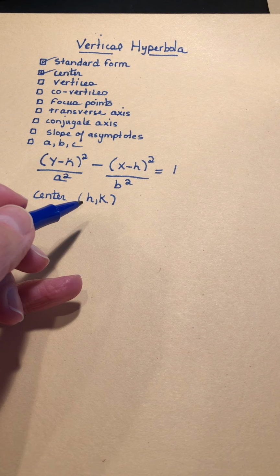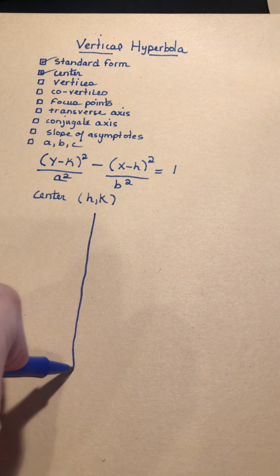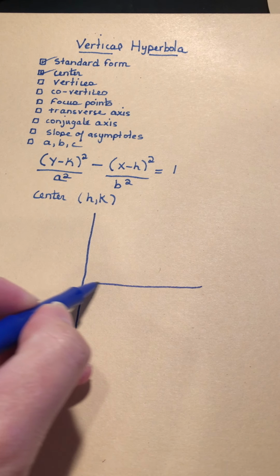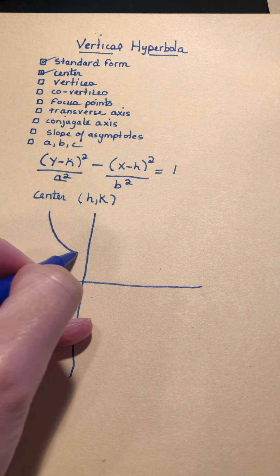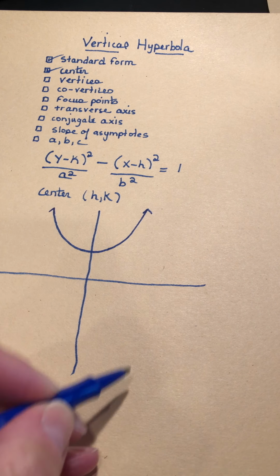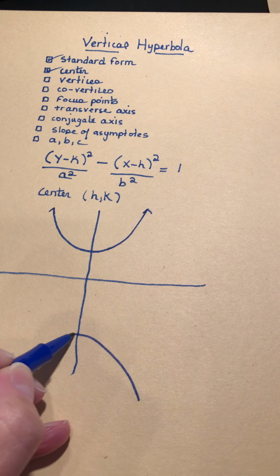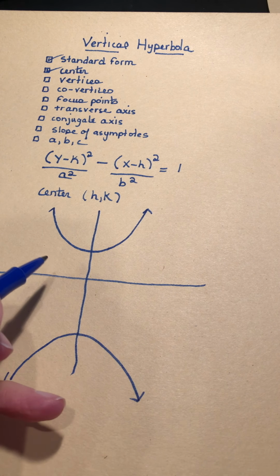If I have a vertical hyperbola, what that means is that the parabolas that make up the hyperbola are gonna open up and cross through the y-axis. And it kind of looks vertical if I look at it from far away. So this is a vertical hyperbola, okay?